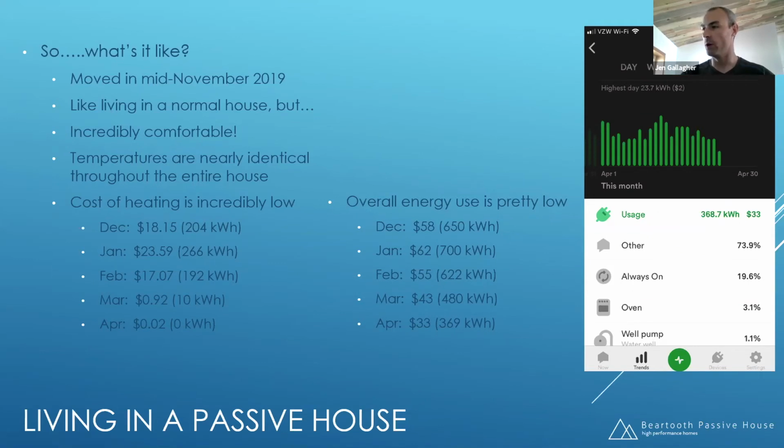But to give you a perspective, we lived in some rental houses while we were building the house. January 2019 and February 2019, we were at a place on the golf course, relatively big house, had natural gas, hot water heating, natural gas, radiant heating.